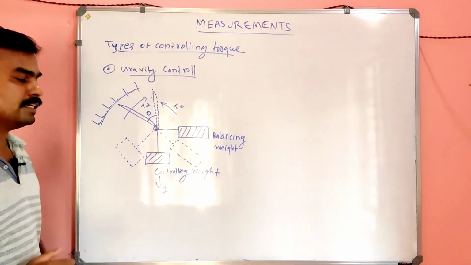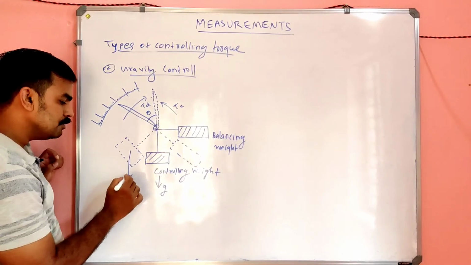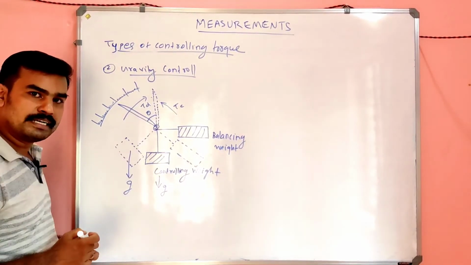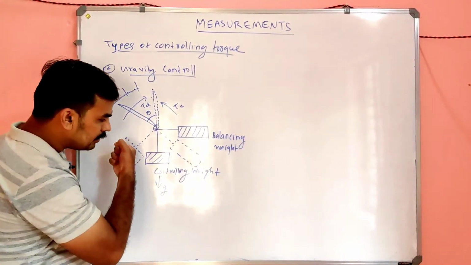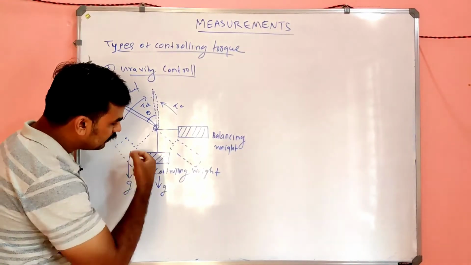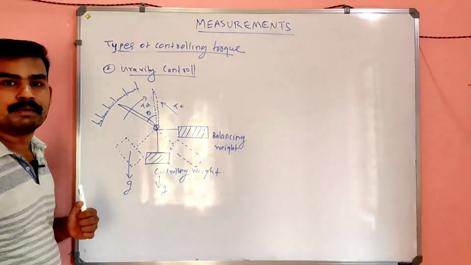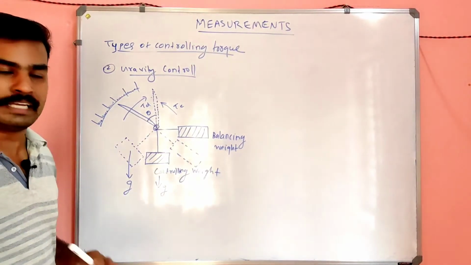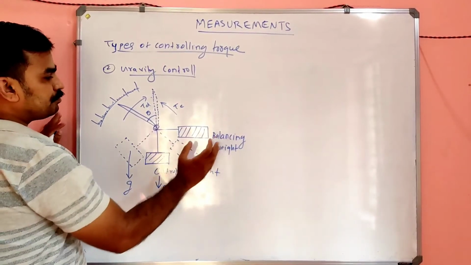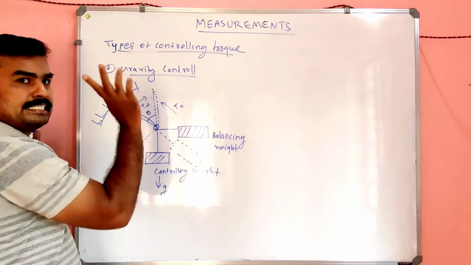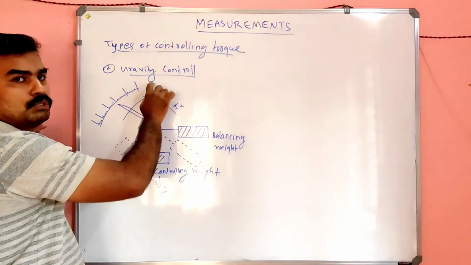So what happened? This g will again always act in the downward direction. That g will bring the controlling weight to its original position again if the magnitude is removed. That means the pointer should be at steady state now, and at some time that reading should be noted.